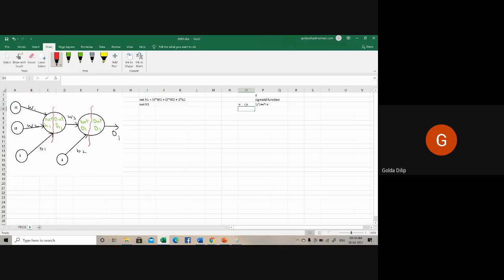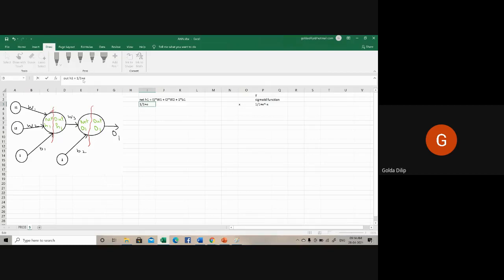Now when it comes to your out H1, in terms of your transfer function, it will be equal to 1 by 1 plus e to the power minus x. What will minus x be here? It will be net H1.